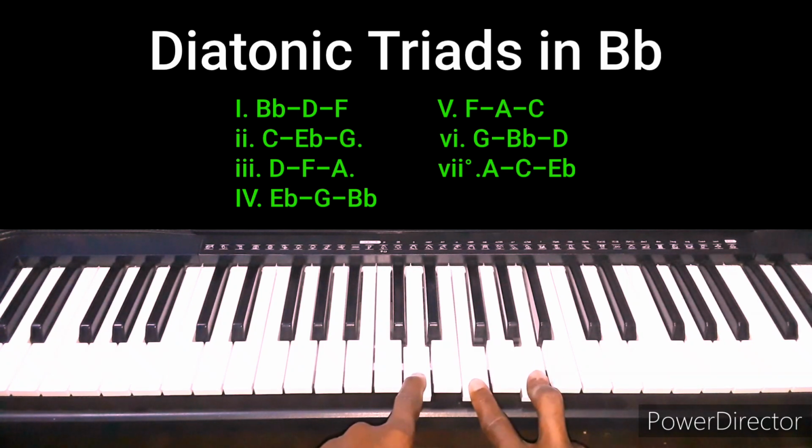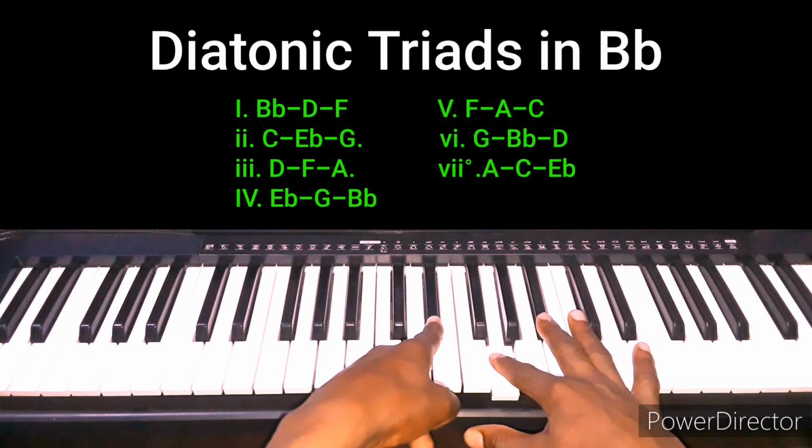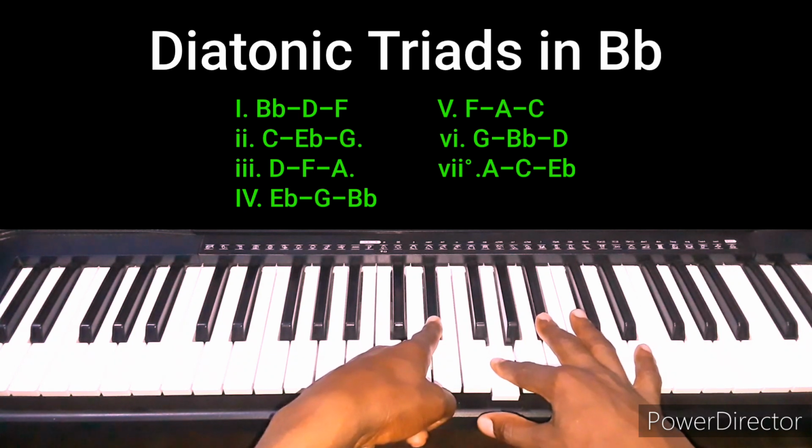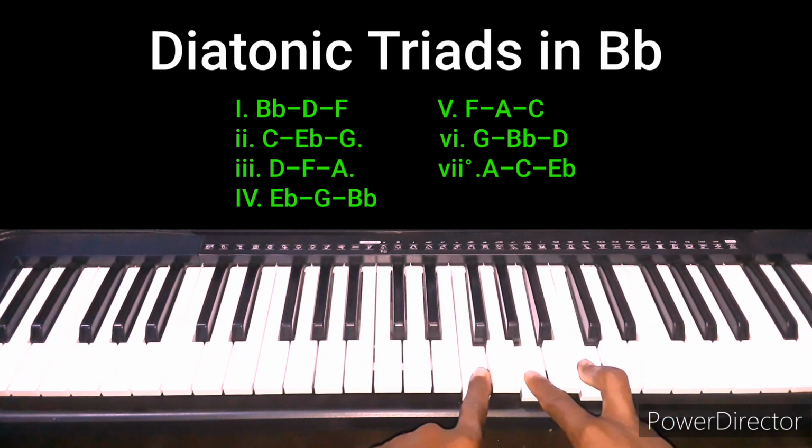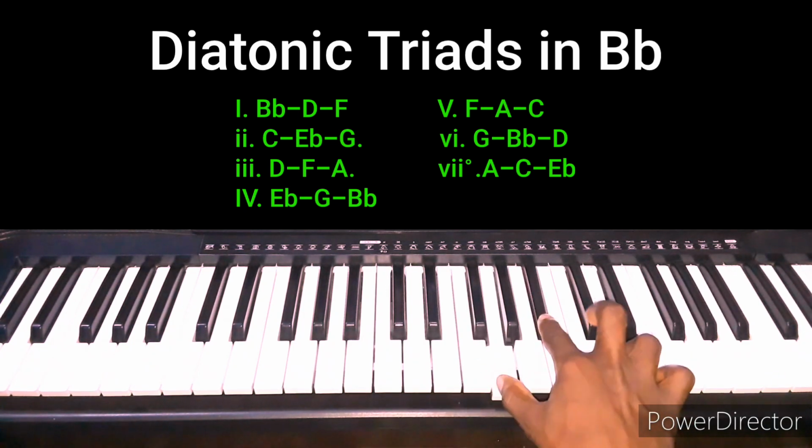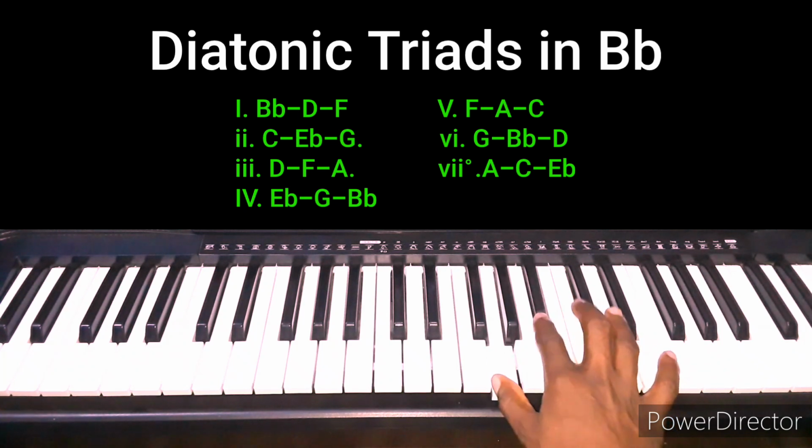I hope you are seeing how I'm playing it. So chord 4 is always major, E flat major, having E flat, G and B flat. That is chord 5, the F major, and then chord 6 is always minor, la, do, mi, the la chord.